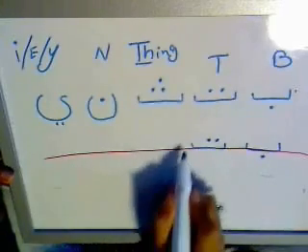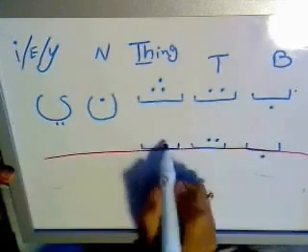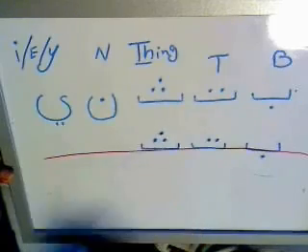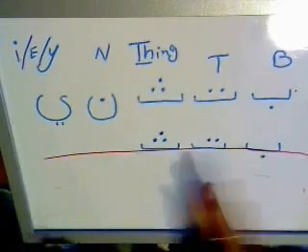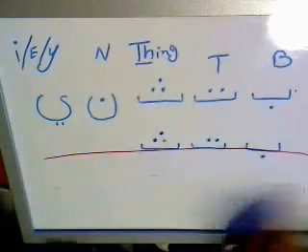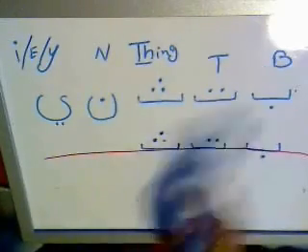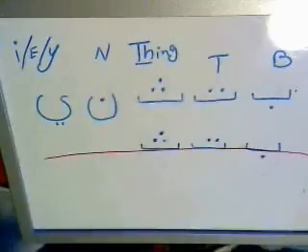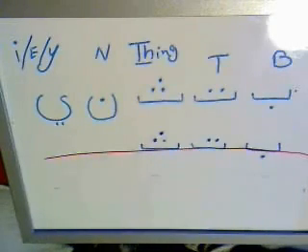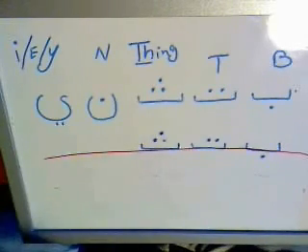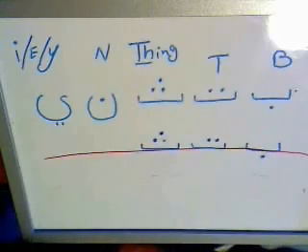It's the same with the tha, three dots, and this is what makes you understand why I put these letters in the same group. I said I will teach you the Arabic letters in groups that have something in common, whether it is in the pronunciation or the shape.